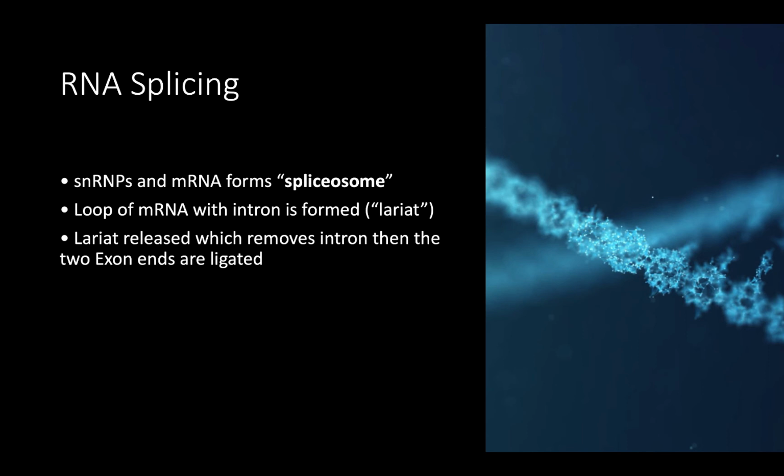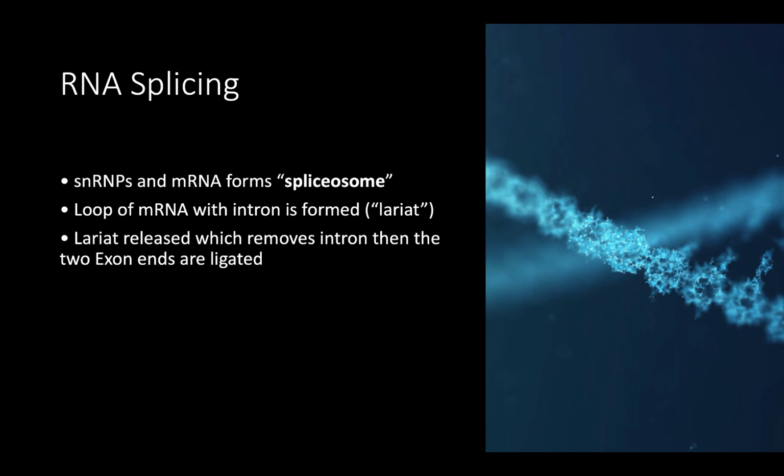Once these snRNPs are bound together with the mRNA, after the beginning of transcription, after we made the first transcript, the pre-mRNA, and the snRNPs come onto it and are bound together, they are called a spliceosome.